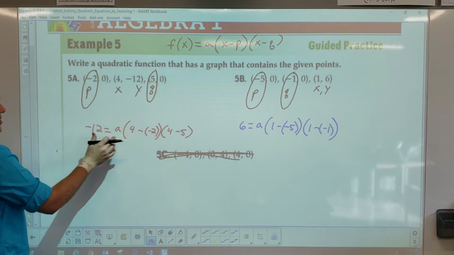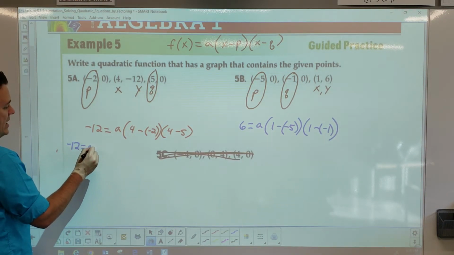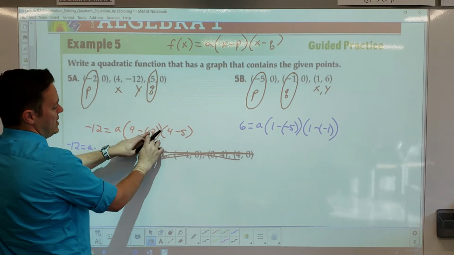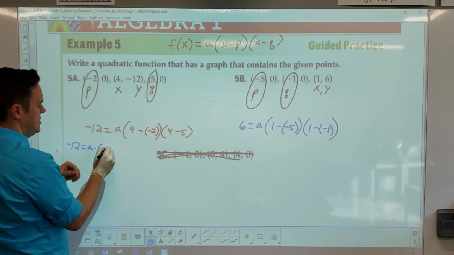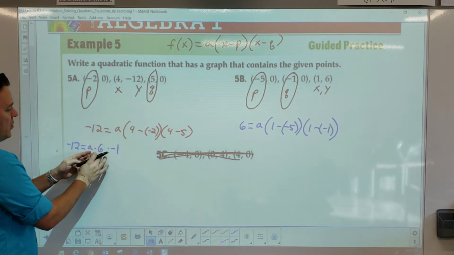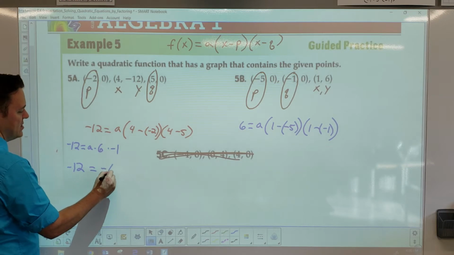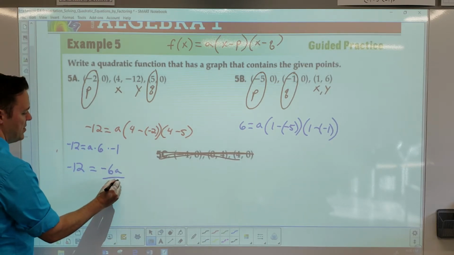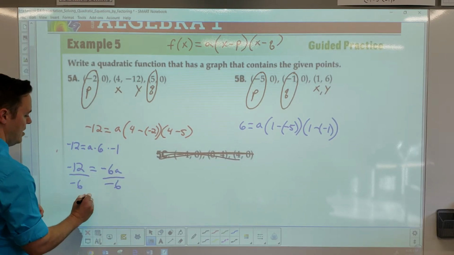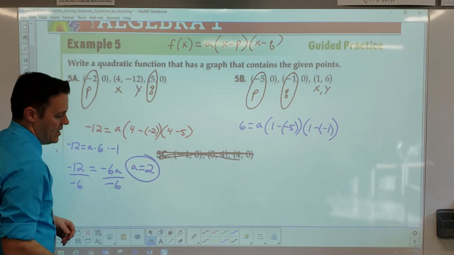So on this one here, you simplify it out. So it'd be negative 12 equals a times 4 and 2 is 6, times 4 and negative 5 is what? Negative 1. Multiply that together. Negative 12 equals negative 6a. Divide by negative 6. A equals 2. All right, so there's my a on that one.